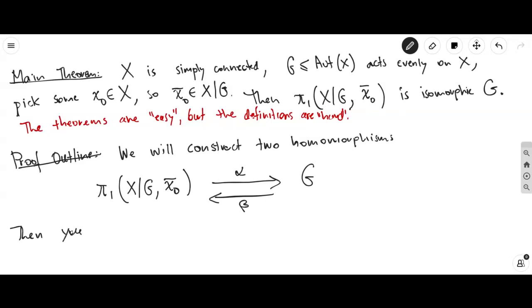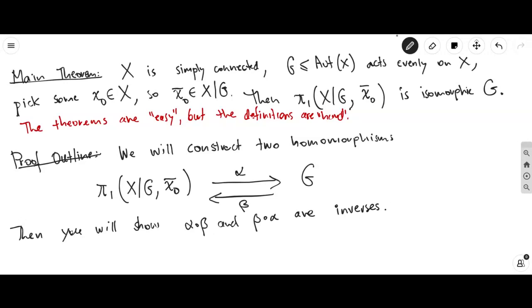And then you will show that alpha composed beta and beta composed alpha are inverses. And that would complete the proof.